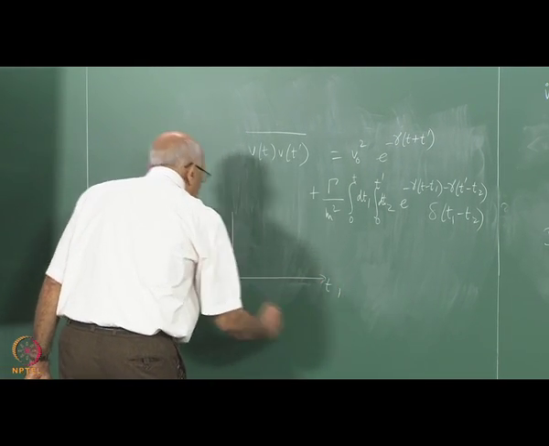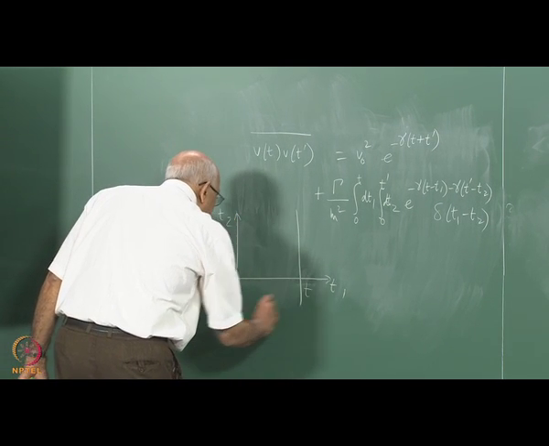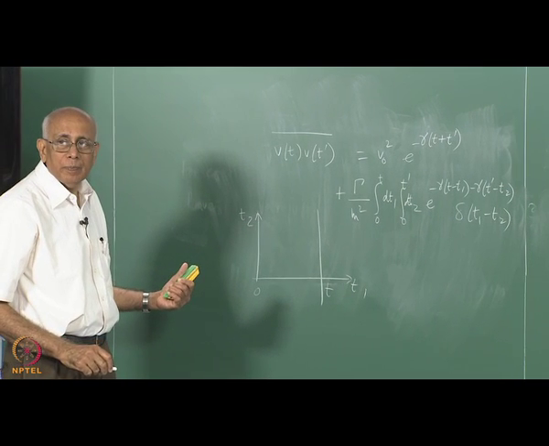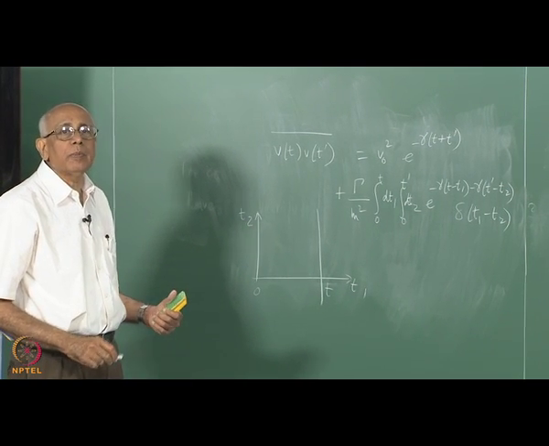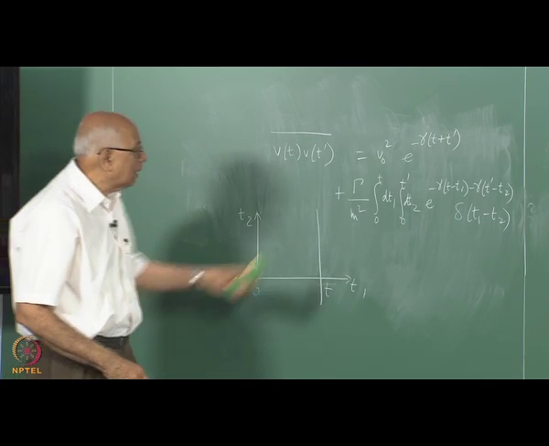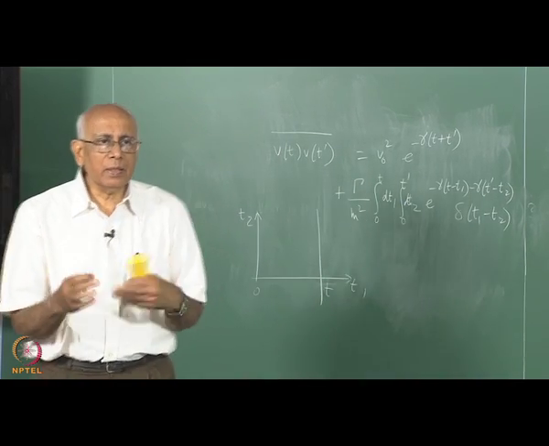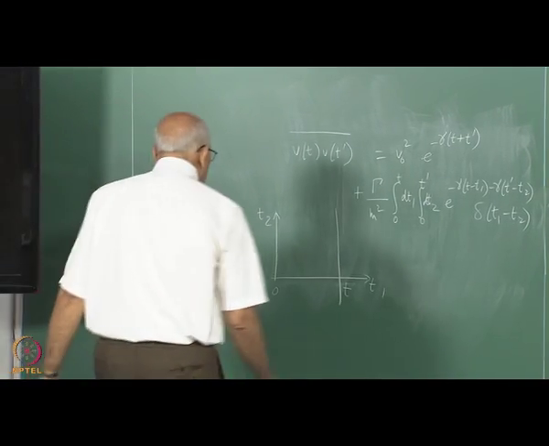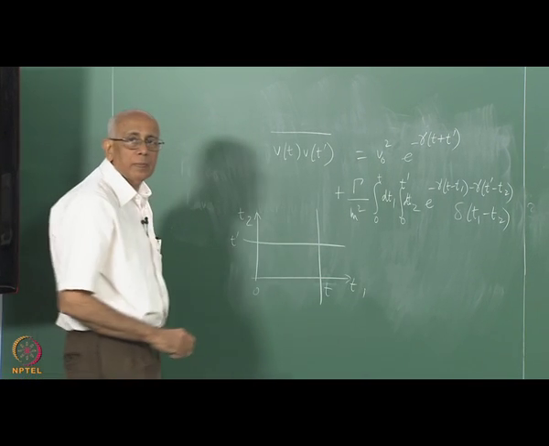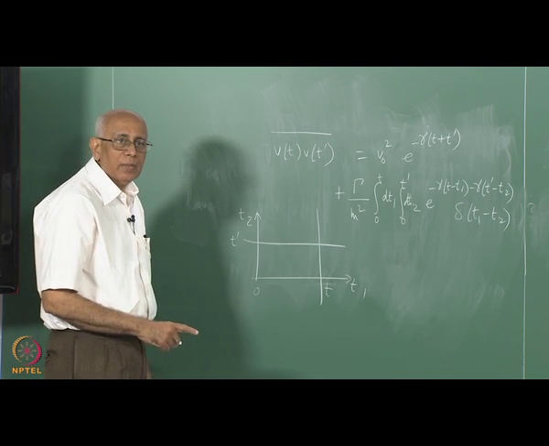Here is t1, here is t2, this fellow is integrated up to t, the other guy is integrated up to t prime. Let us suppose t prime is smaller than t. We also have to look at the case where it is larger, but this whole thing is completely symmetrical in t1 and t2. So we could actually interchange after we find the result. So let us suppose this is t prime, and what is the constraint on the integration?